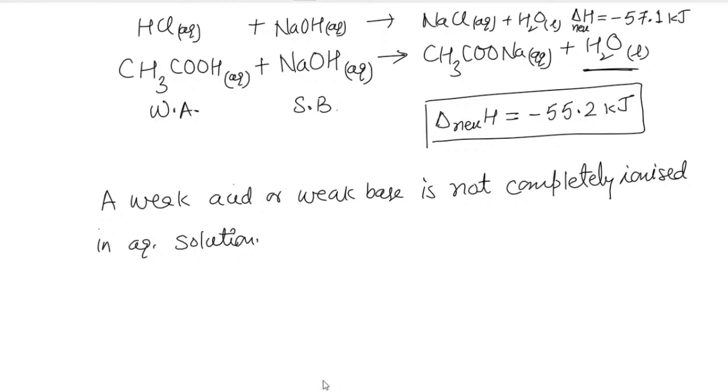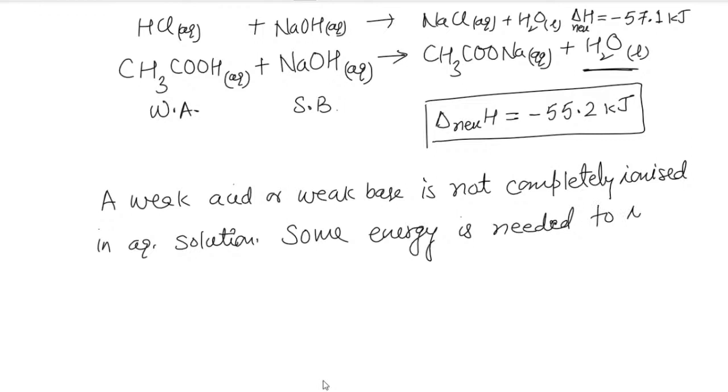But in case of strong, it has to be ionized fully in order to complete the neutralization reaction. So to ionize it, some energy is needed. Some energy is needed. For what? To neutralize it completely.